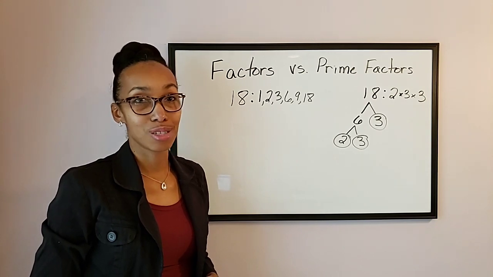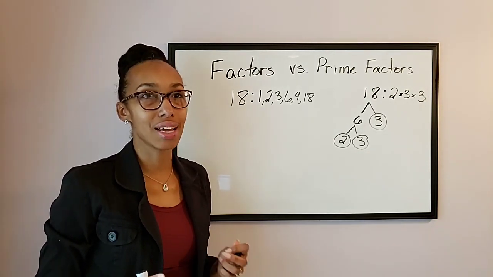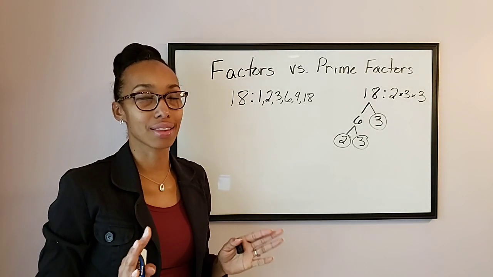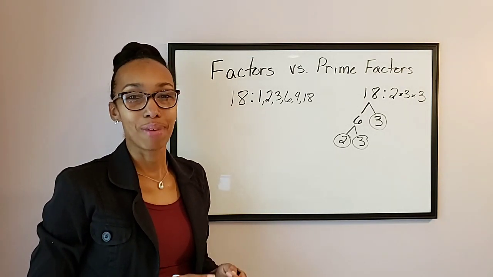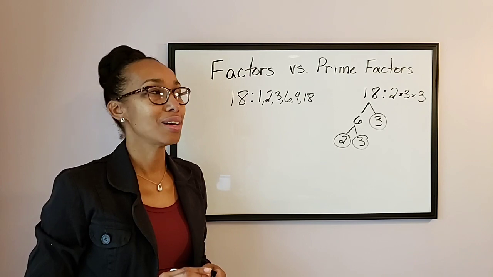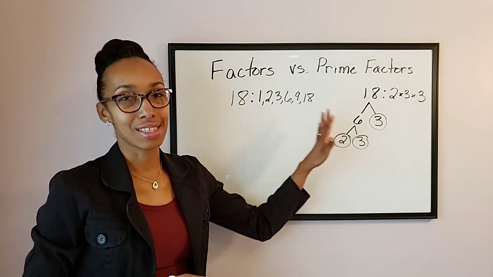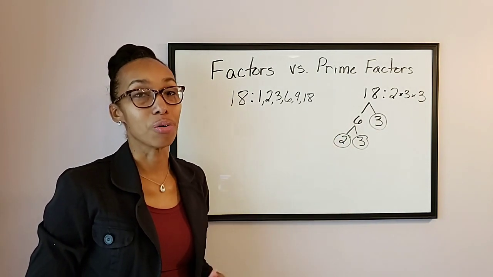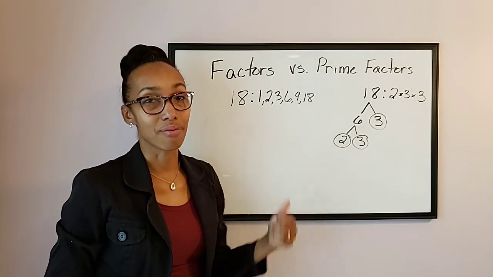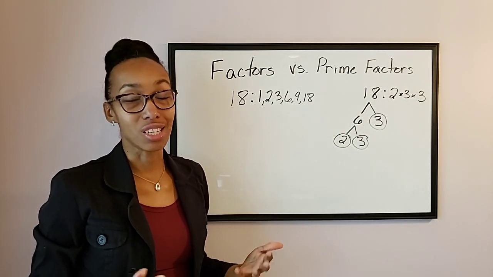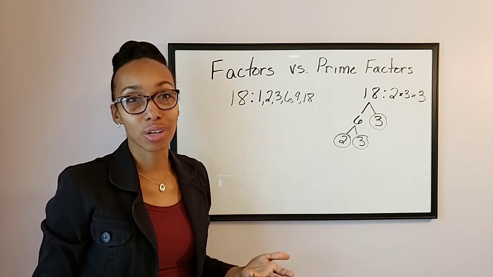If you're like a lot of the students that I've worked with, fractions tends to be the point at which math got a little tricky. A lot of people are okay with add and subtract, maybe just whole number multiply and divide, but when you get to fractions, sometimes it gets a little hairy. So having the knowledge to break numbers down into prime factors makes the numbers much easier to work with, and of course it builds your confidence.